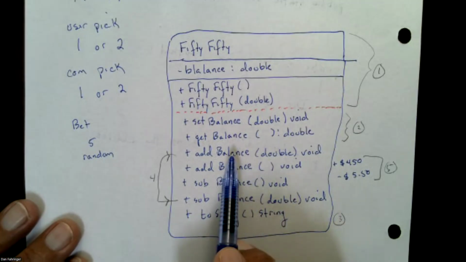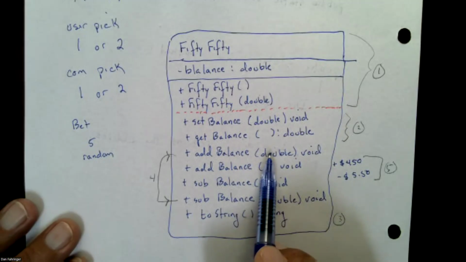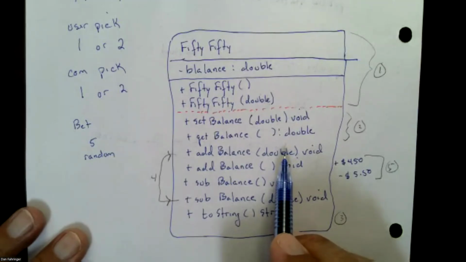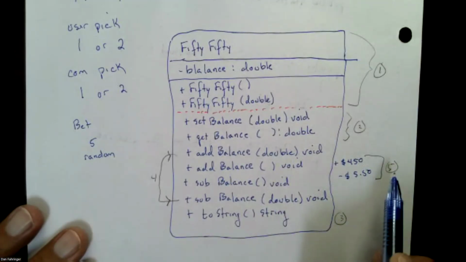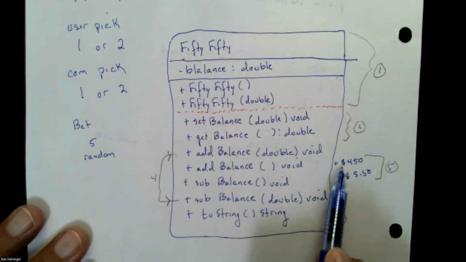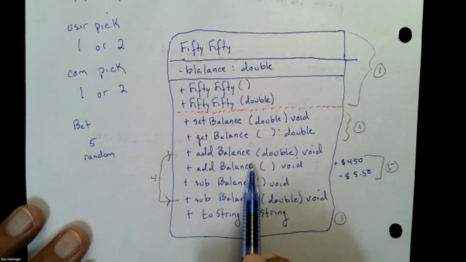If you win, you're adding to the balance. If you lose, you're subtracting from the balance. All right? That's if the user wants to make a bet. If the user wants the default, it's $5. If you win, $4.50 gets added to the balance.